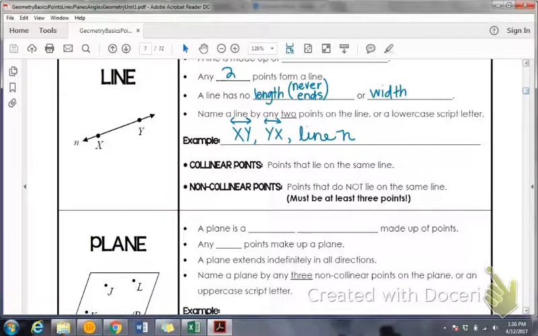Okay, then we have this word collinear. If we look at the word collinear, what's one of the words you see in there? You see the word line, right? You guys see that word line? What else do you see in there? Not in, just in the word collinear. What does co mean? Together, right?